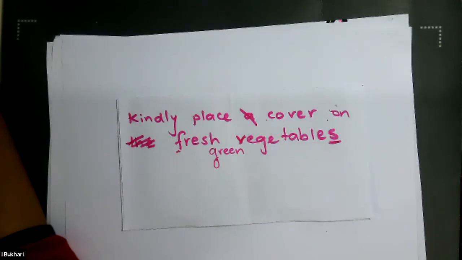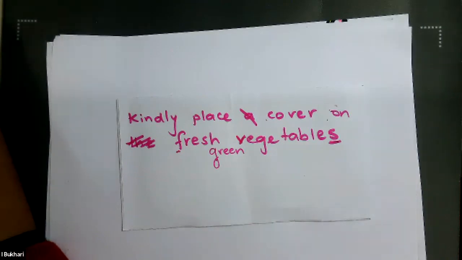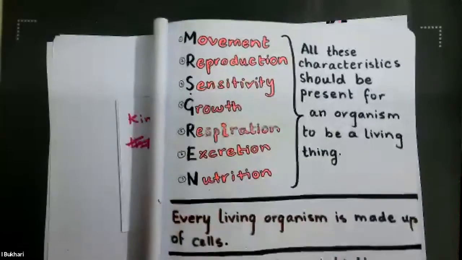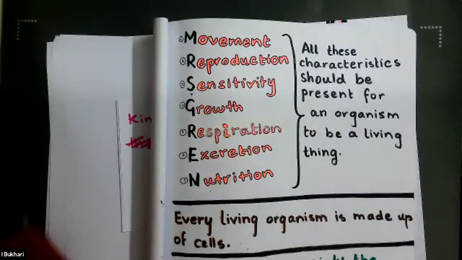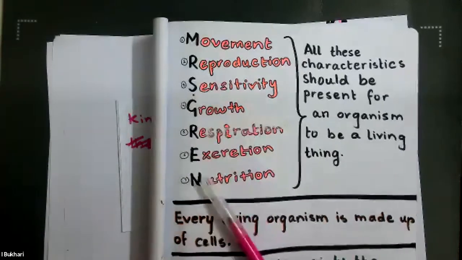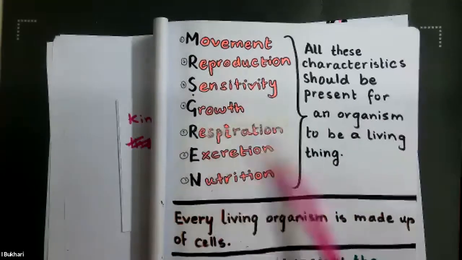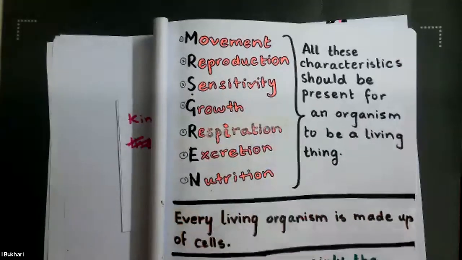And Sundus, did you talk about that mnemonic, MRS GREN, for the characteristics of living things? I wrote it down in the same sequence. Movement, reproduction, sensitivity, growth, respiration, excretion, and nutrition.